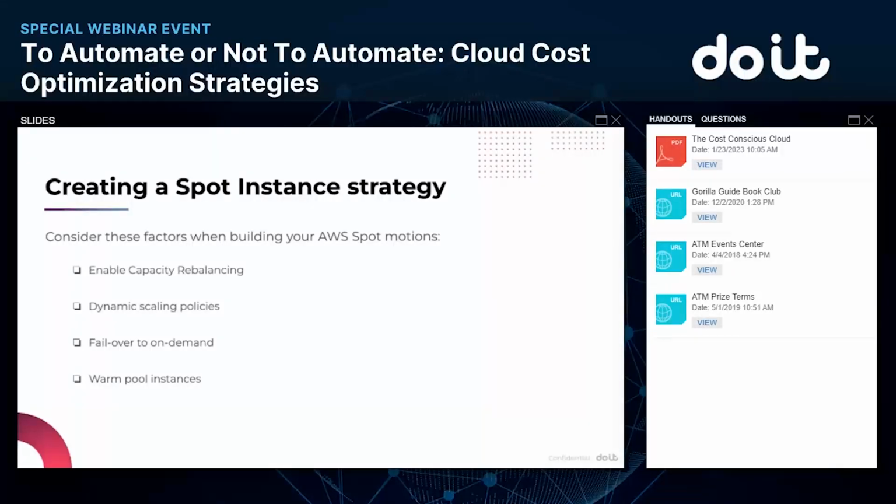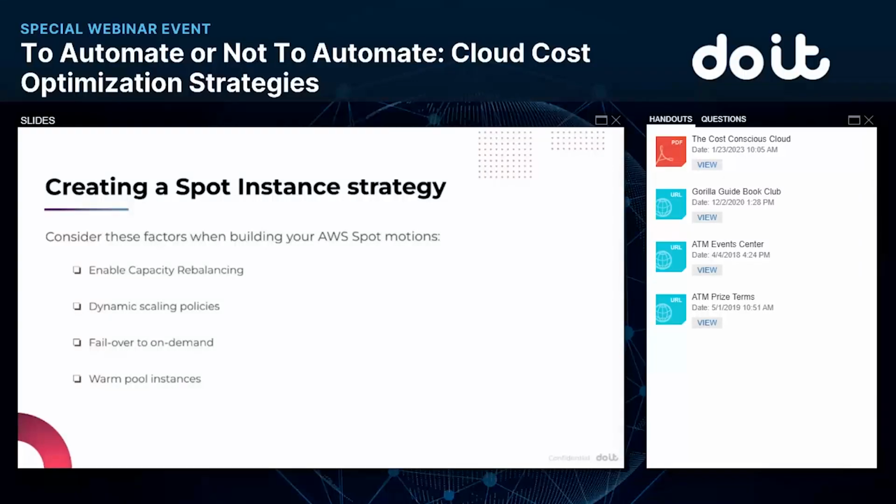The second strategy to consider is rather a technical one: dynamic scaling policies. It's based on technical metrics such as memory utilization, CPU utilization, GPU utilization, and it scales in or scales out based on several thresholds you configure for your autoscaling group. There's another option which is considered best practice, which is called failover to on demand.